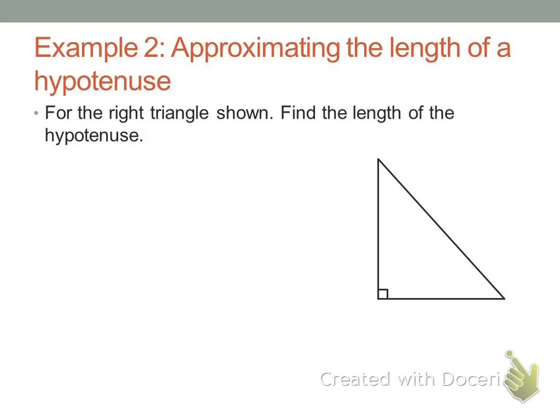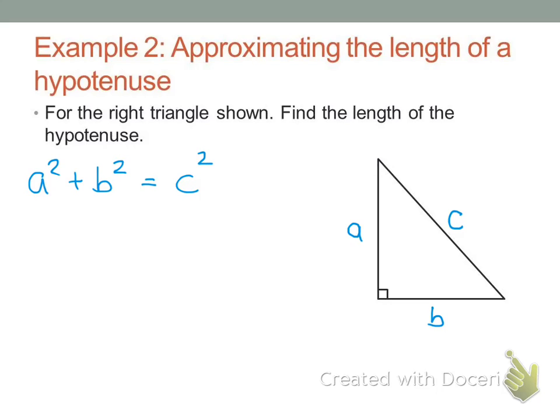So again, just for consistency reasons, let's remember that my leg lengths connect the right angle, A and B, and C is the length of my hypotenuse, and it's the side that is opposite the right angle. All right, my formula is A squared plus B squared equals C squared.